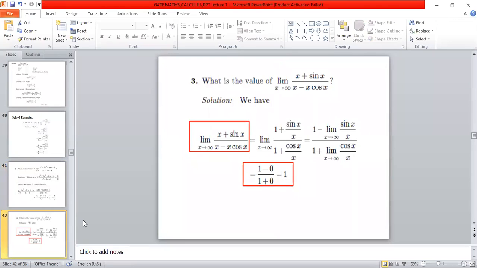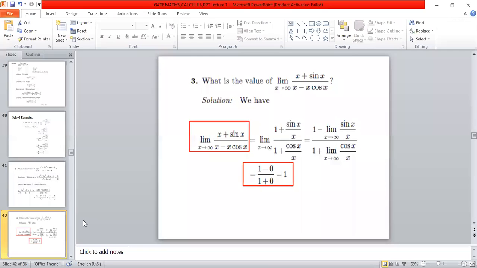Next question. Limit x tends to infinity of (x plus sin x) upon (x minus cos x). I think there is some problem in the question; it is just x plus sin x upon x minus cos x. If we take x outside, we get 1 plus sin x upon x, and from the denominator also x, 1 minus cos x upon x.